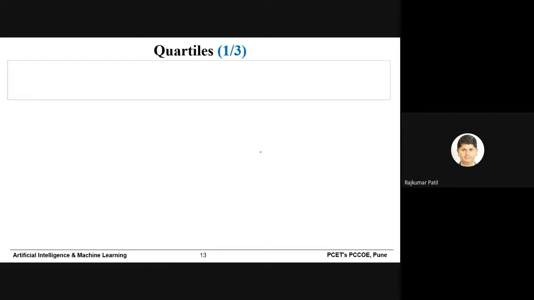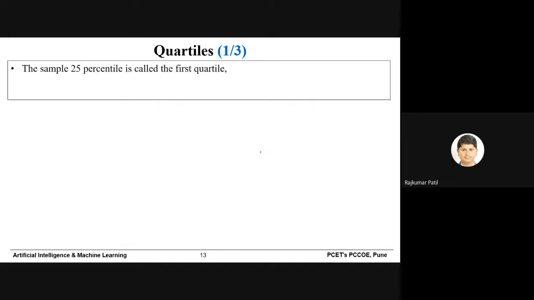Again, sometimes we need to rely on quartiles. So suppose in a class 100 students are there, and they are ranked in descending order. So the rank one student is at the top, and the student who received the least marks will be at the bottom. So first means topper, and 100 means the student who performed the worst.